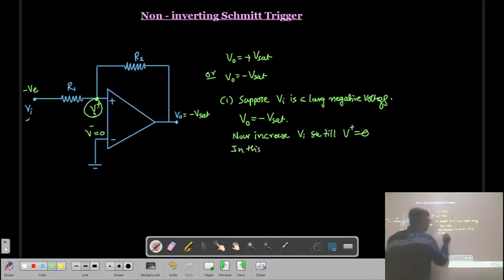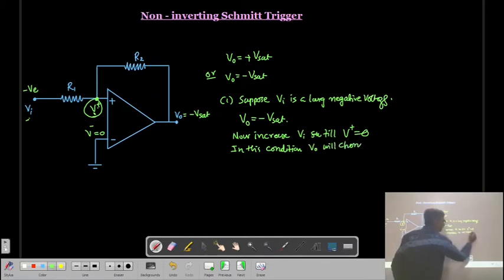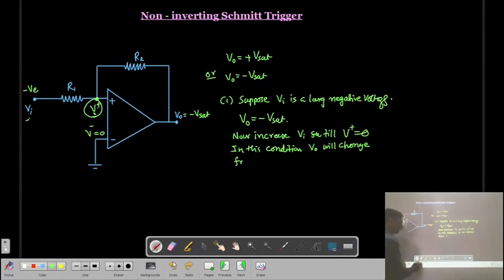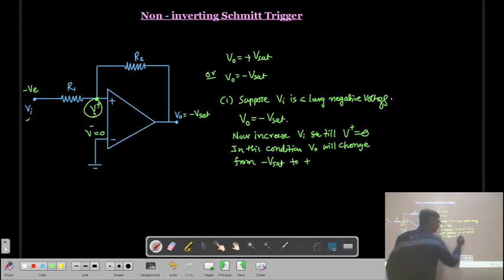In this condition, the V out will change from minus V saturation to plus V saturation.